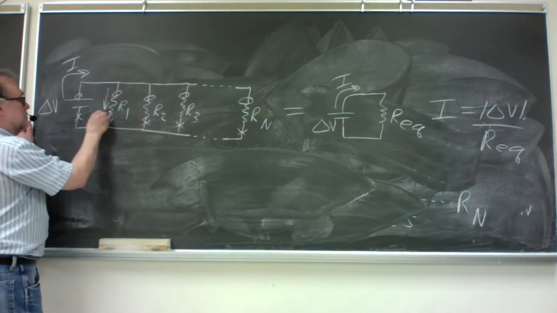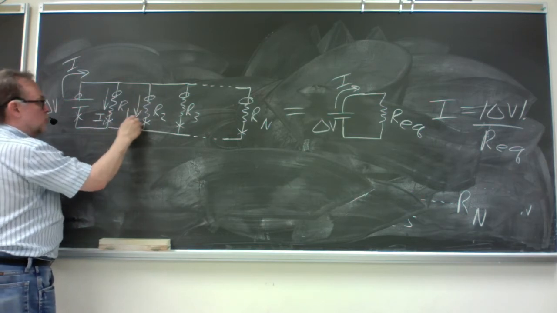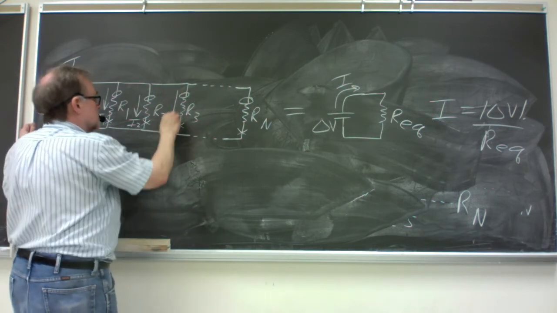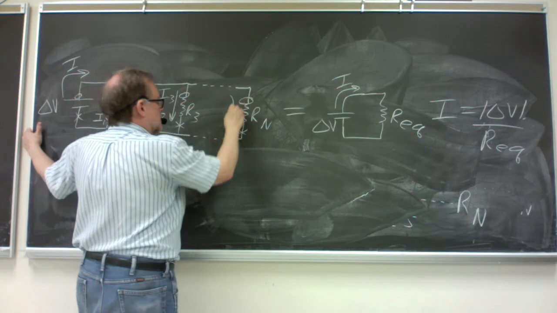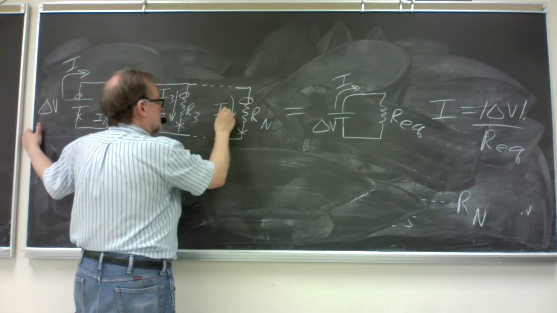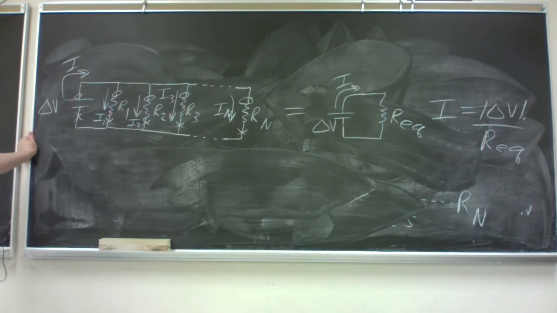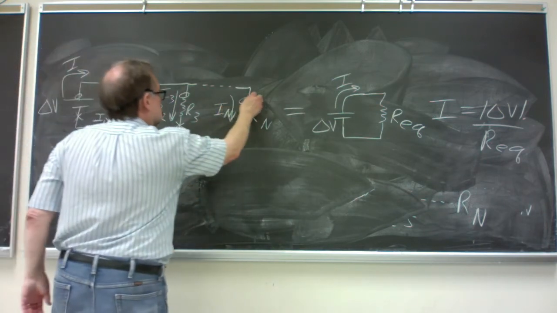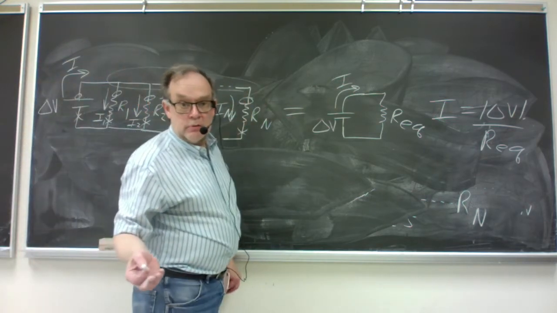Just imagine I1 as the current passing through resistor 1, and I2 goes through resistor 2, and current 3 goes through resistor 3, and the nth current goes through resistor N. It may not look like it, but this whole thing right here is a junction.